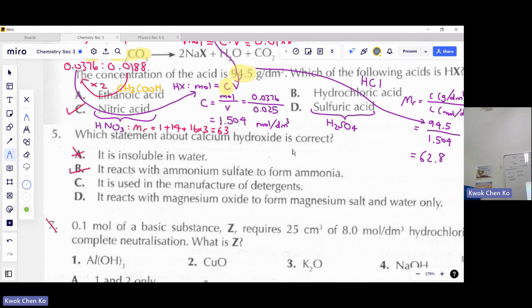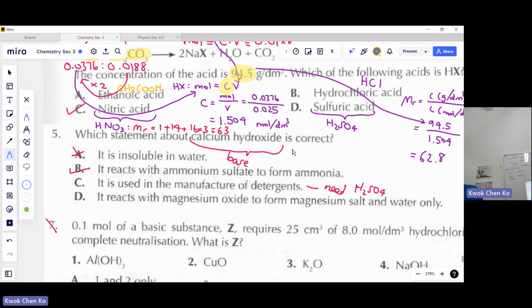In fact, I've never thought about detergent, but basically detergents use sulfuric acid, even though they hardly ask about it. But what you need to know is this: calcium hydroxide is a base.